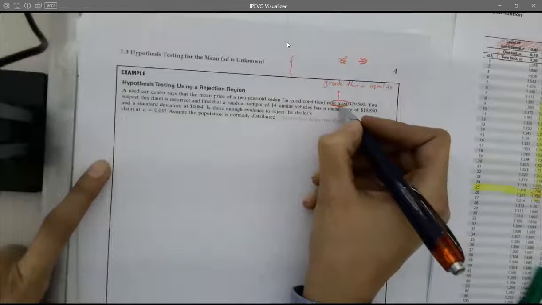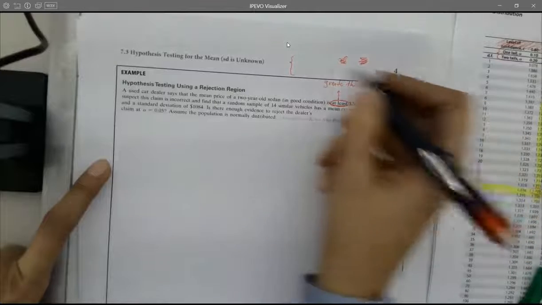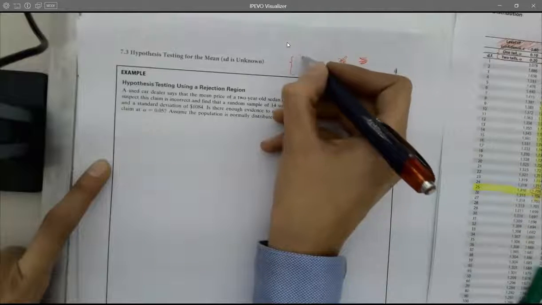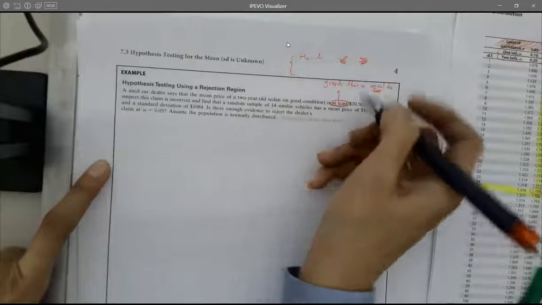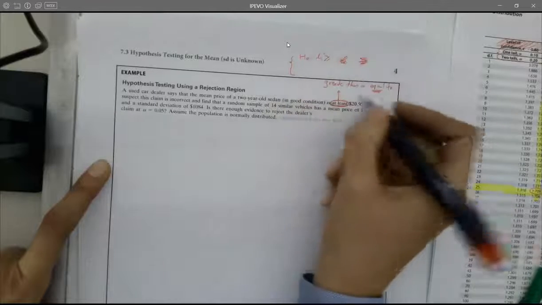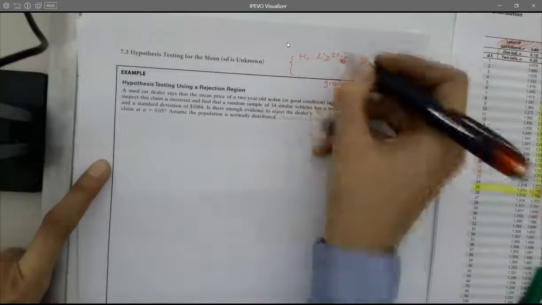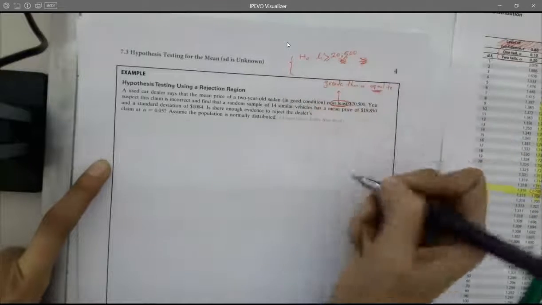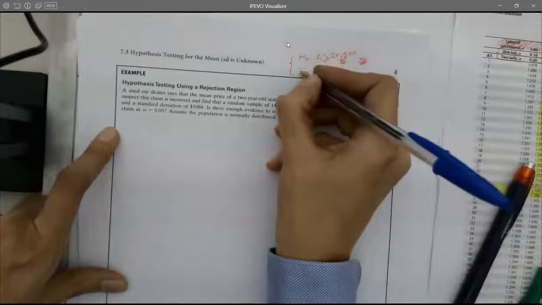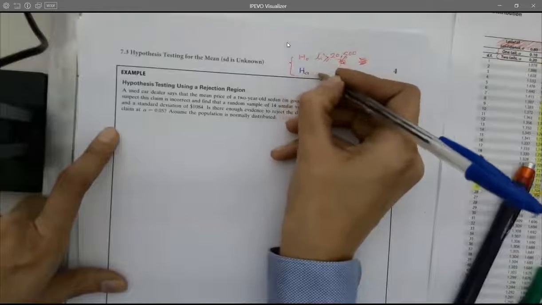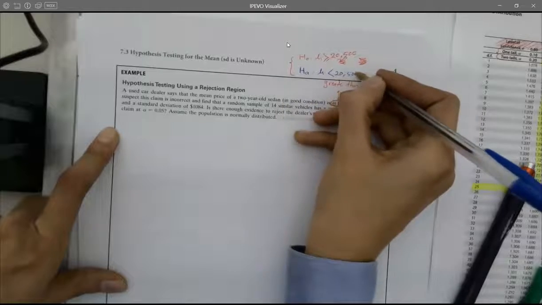This is at least, greater than or equal to. Because of equality, we have our null hypothesis. It says mean is greater than or equal to $20,500. So we can quickly write our alternative hypothesis. Mean is less than 20,500.